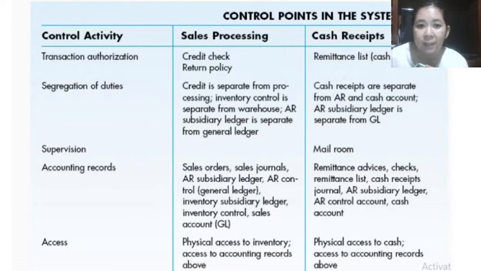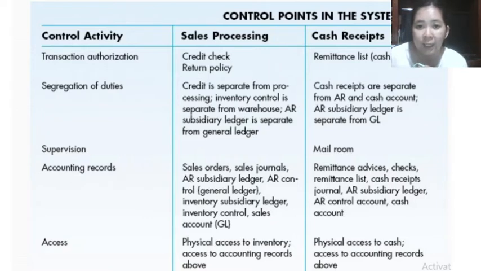For the access, for sales processing, there should be physical access to inventory for only those authorized personnel, and access for the accounting records above will also be given to those who are responsible for it.